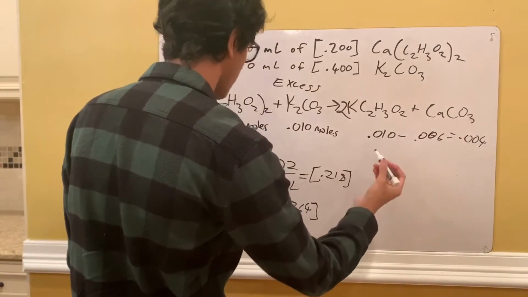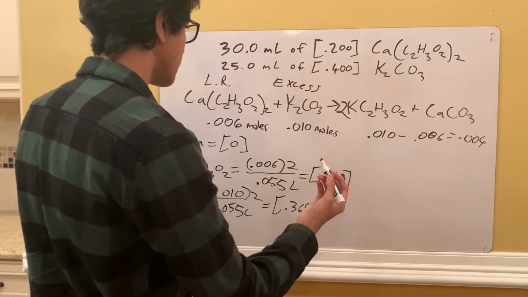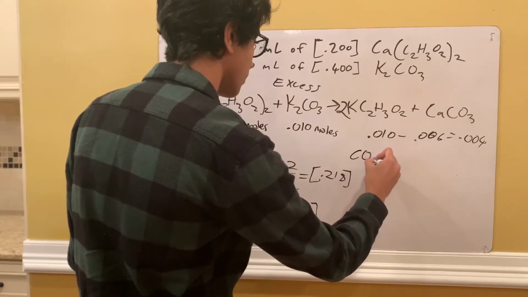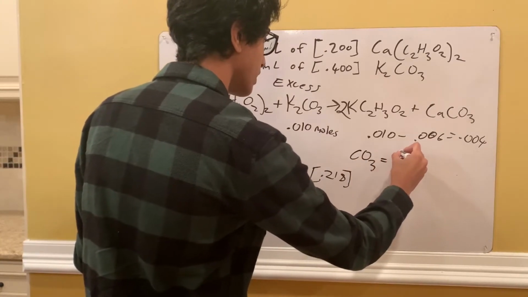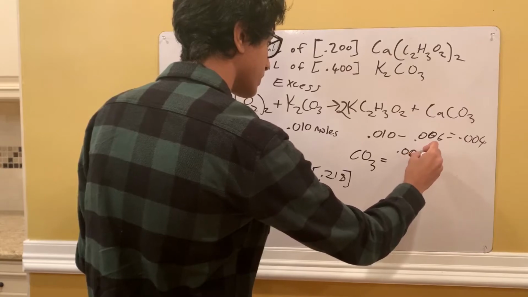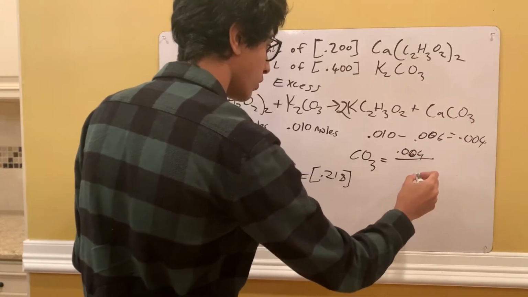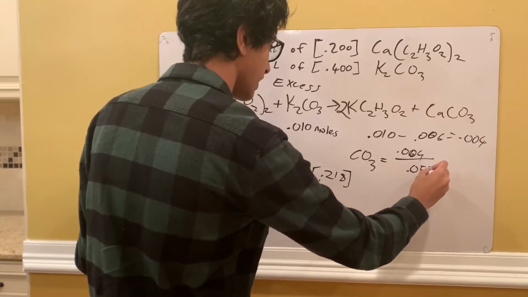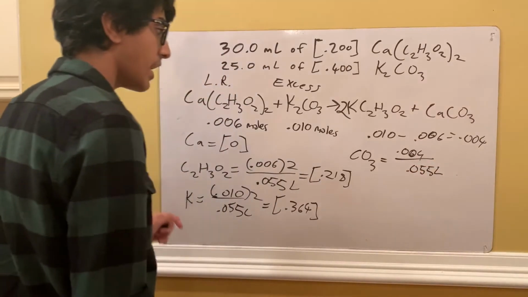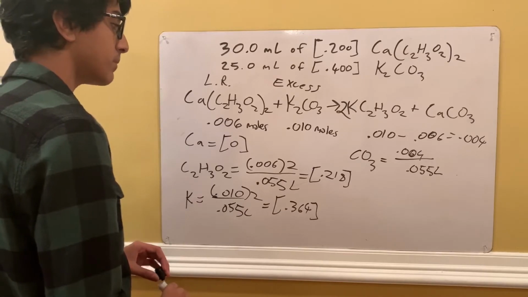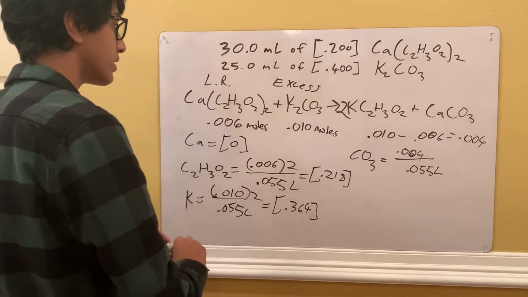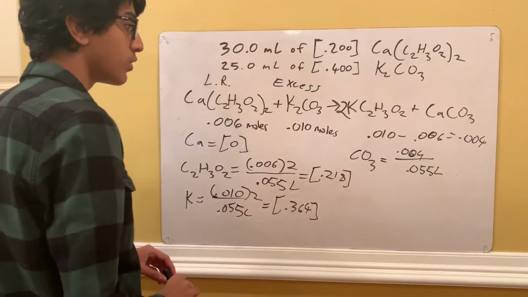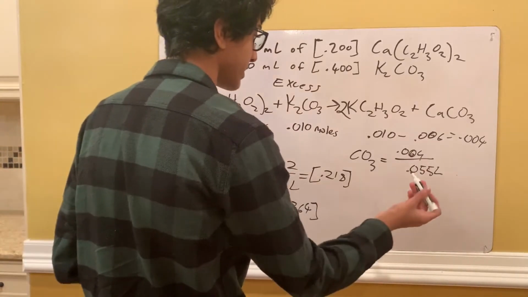Then to solve for the concentration of CO3, we have to do 0.004 over 0.055 liters. We don't have any subscript for the CO3, so we don't have to multiply it by anything.